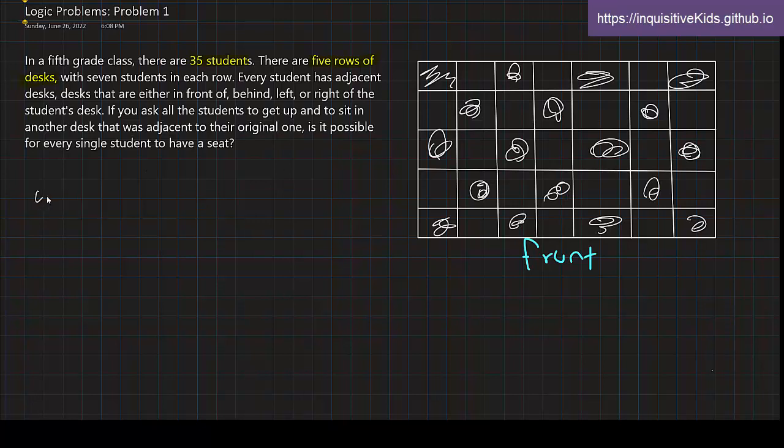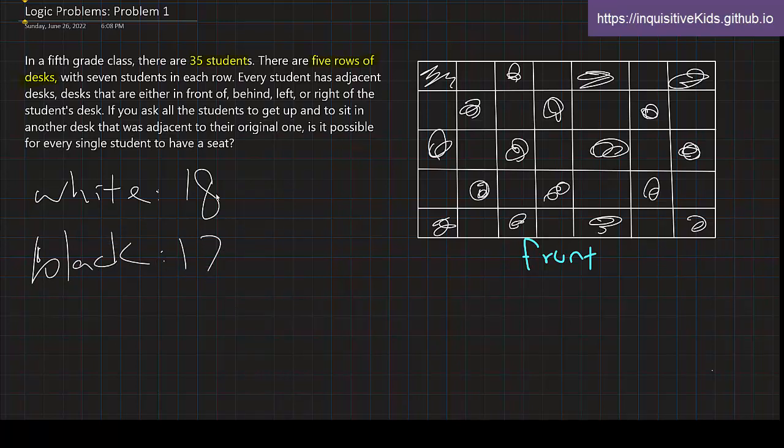Now, how many white spots are there? There are 1, 2, 3, 4, 5. Now, so 5, 10, 15, and okay, so 18. And since in all there is 35 students, then that means that there would be 17 spots that are colored black. 18 and 17.